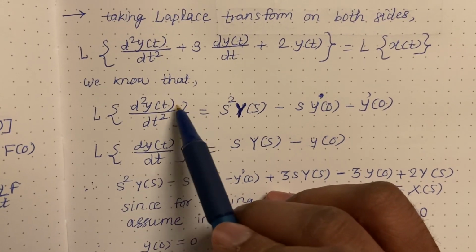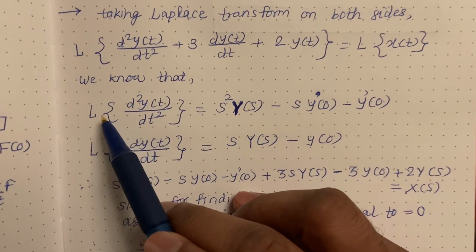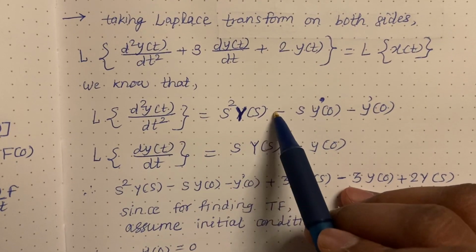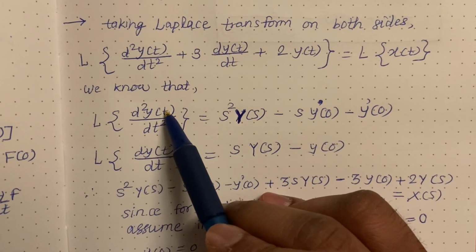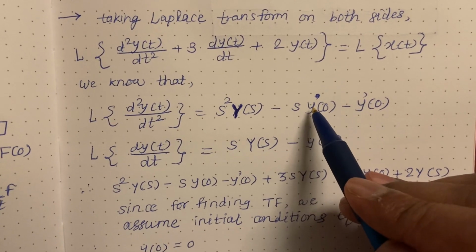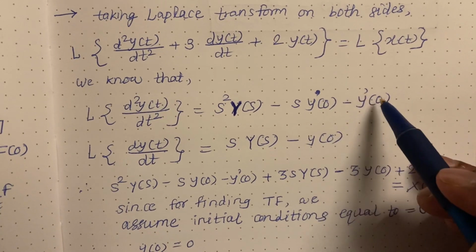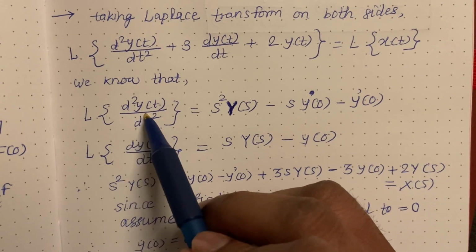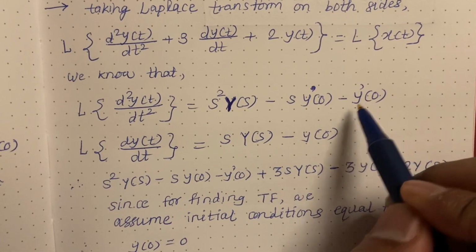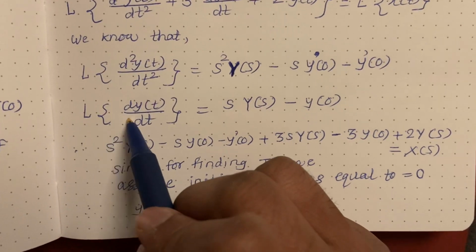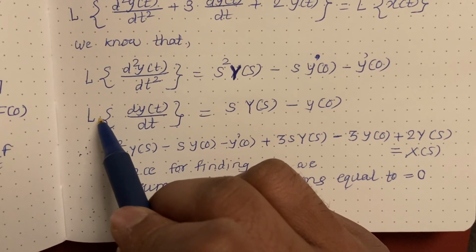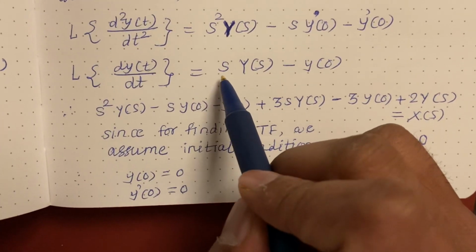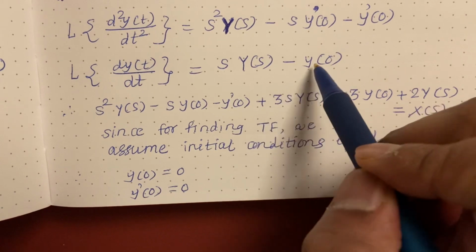The Laplace transform of the double order derivative is given by s square y of s minus s into y of 0, basically s into the initial conditions, minus y dash of 0, basically finding the first order derivative and putting the initial conditions in it. Also, we know that the Laplace transform of a first order derivative is given by s into y of s minus the initial condition.